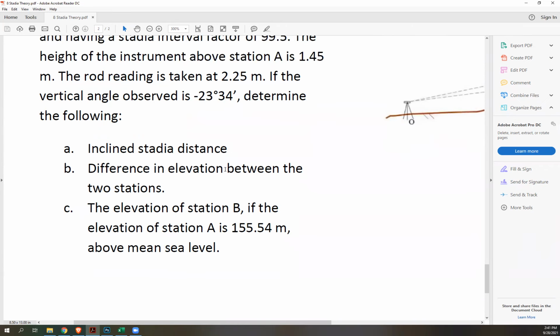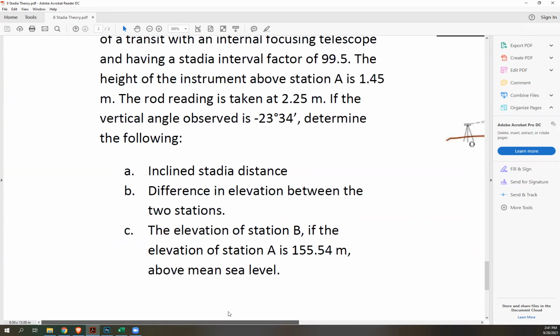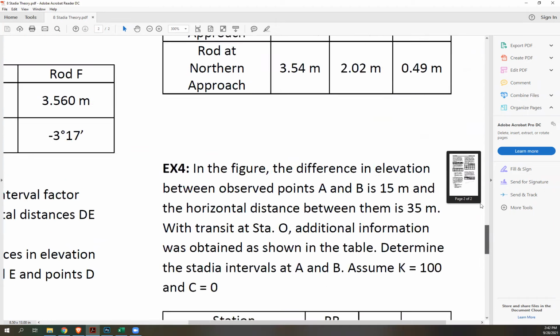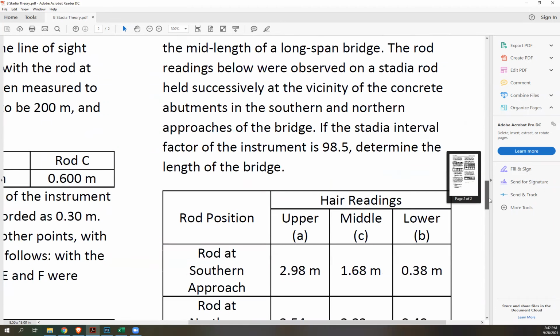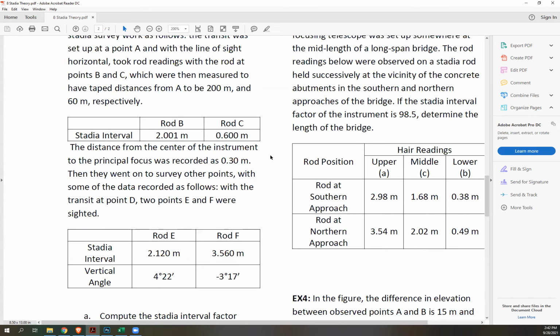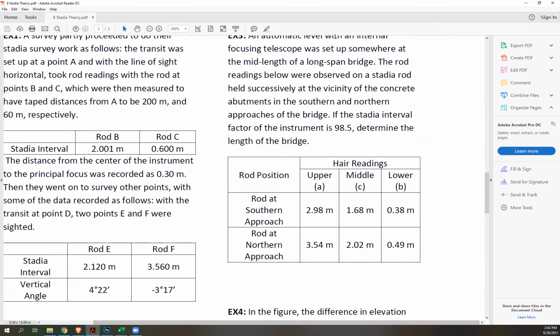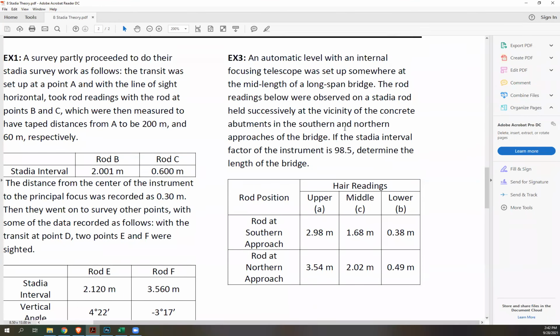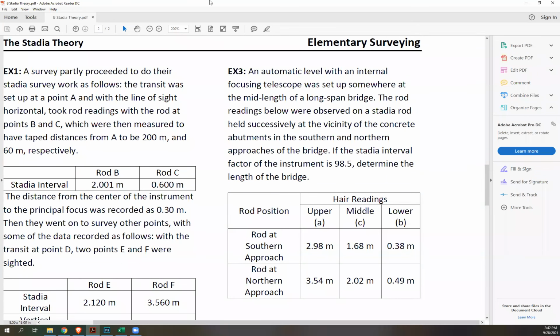Let's have the last example for today. Okay, number 3. An automatic level with an internal focusing telescope was set up somewhere at the mid-length of a long span bridge.